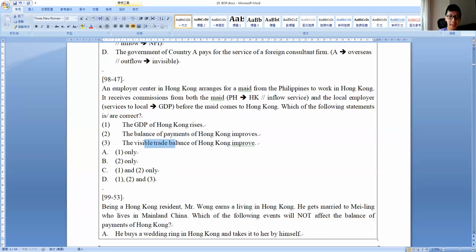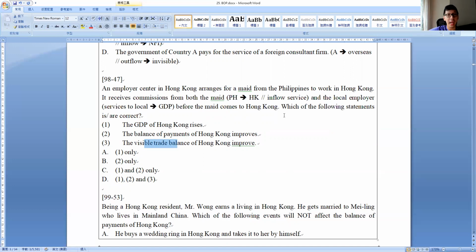What about visible trade balance? Right now, we are sending someone, a person, into Hong Kong. A person, tangible, so visible trade? If you think that way, please go reflect on yourself. Remember, we don't have slavery anymore.